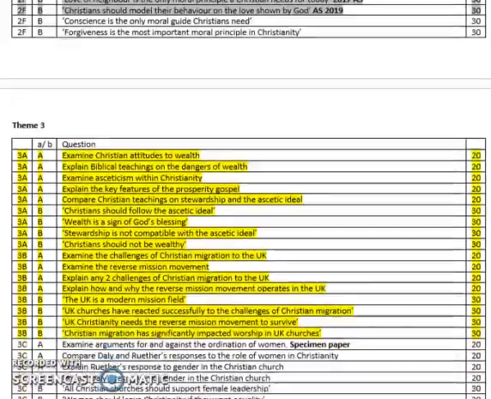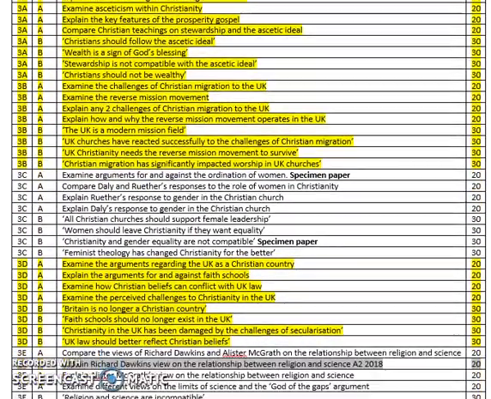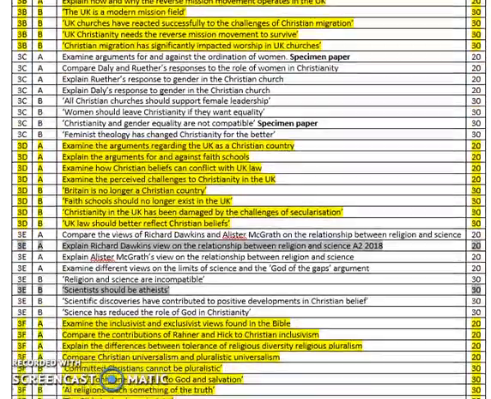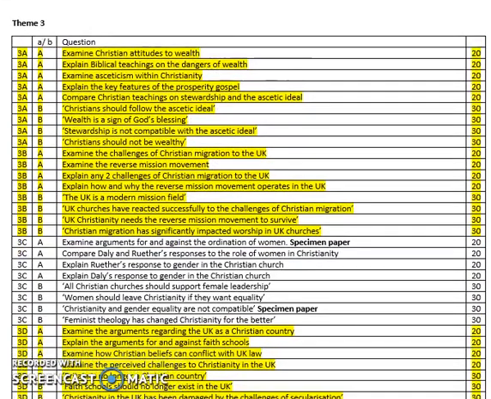Then theme 3. To be honest, there isn't much in theme 3 that has been tested because it can only be covered in an A2 paper. And so the whole of theme 3A, attitudes to wealth, the whole of theme 3B, which is about migration and the challenge of migration.